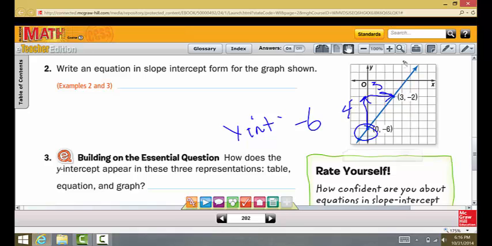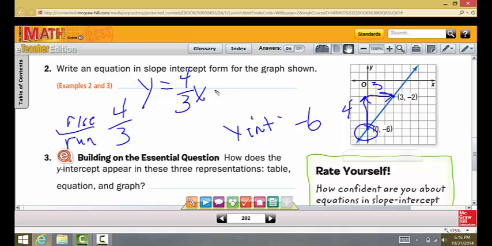So we've got everything we need. We've got a rise over run of 4 over 3. So our equation is y equals, the m is the slope, 4 over 3 times x, and then subtract 6. Right there is the equation of our line.